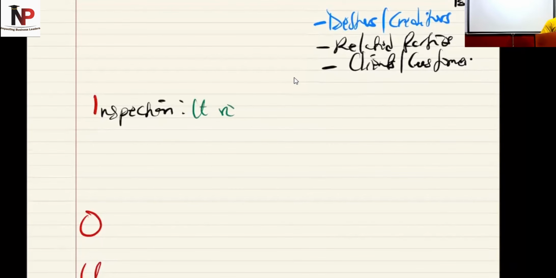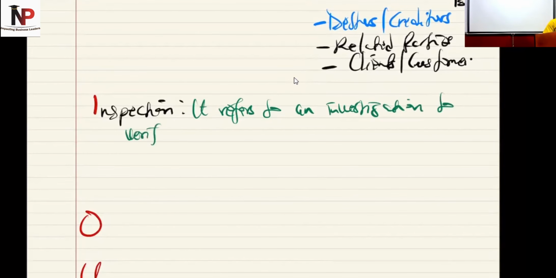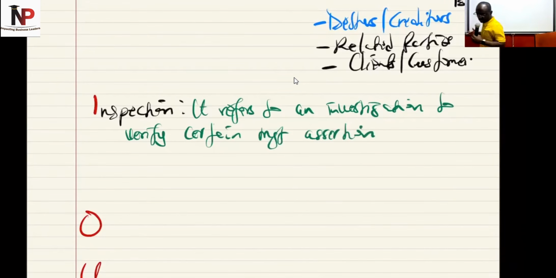It is an investigation to verify certain items, to verify certain management assertions.